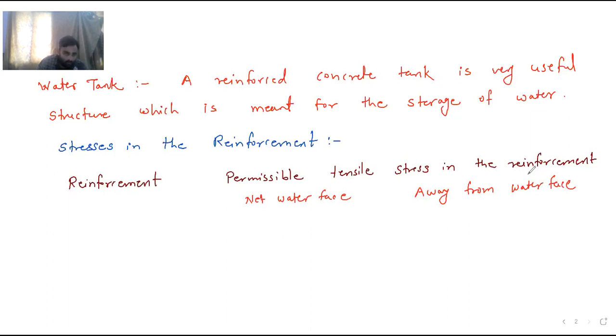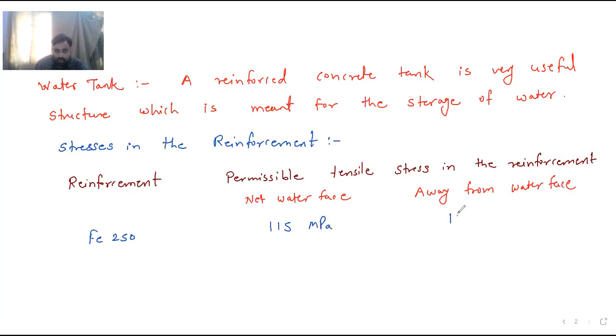At the water face, what is the permissible tensile stress, and away from the water face, what is the permissible tensile stress? Those standard values I am going to give you. So for Fe 250, it is 115 Newton per mm square.